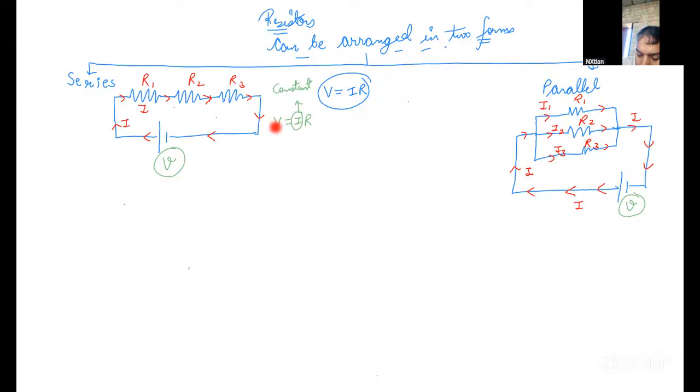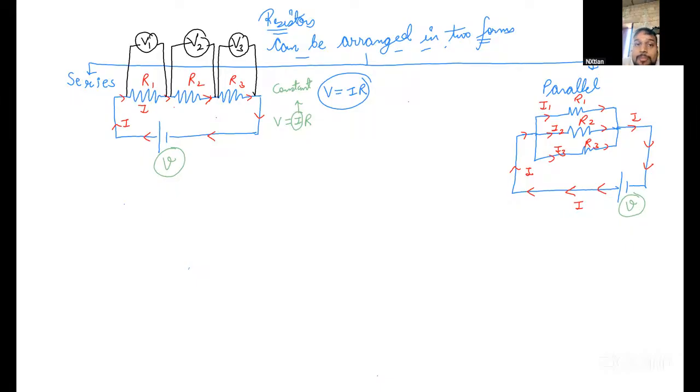So it means that across each resistor, the voltage will be different. And I told you, voltage is measured by a voltmeter and it is applied parallel to the circuit. Did you understand, guys?